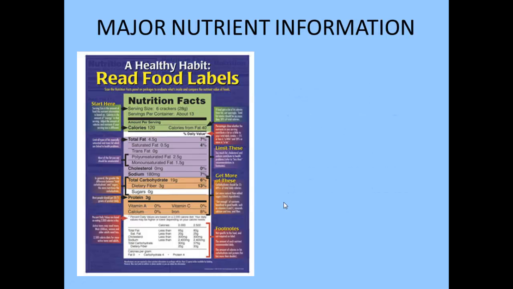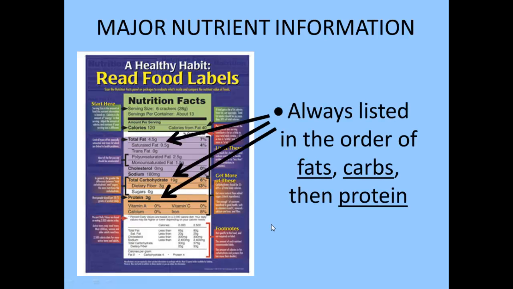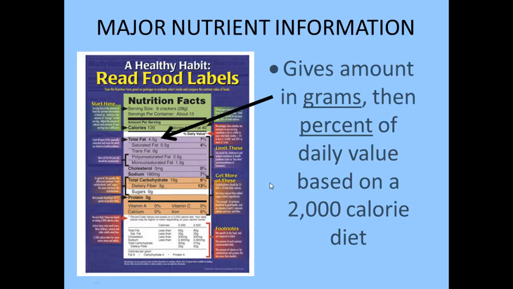Next, we're going to move on to the major nutrient information, which is this purple and kind of orange colored section. Now, every label that lists major nutrient information is going to be listed in the order of fats, and then carbs, and then protein. So fat, carb, and protein. First, it'll give the amount in grams.